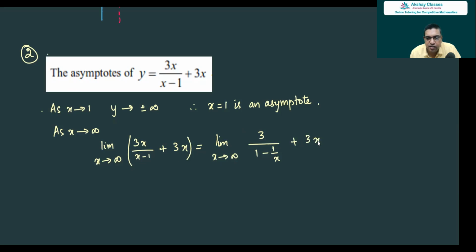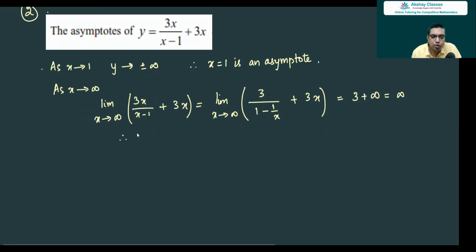This we can't do anything, so we get 3 plus infinity. So it is going to infinity, it is not going to a constant. Therefore, there is no horizontal tangent, no horizontal asymptote.